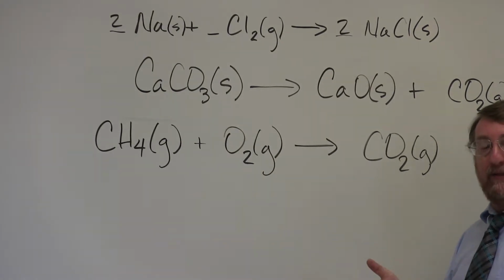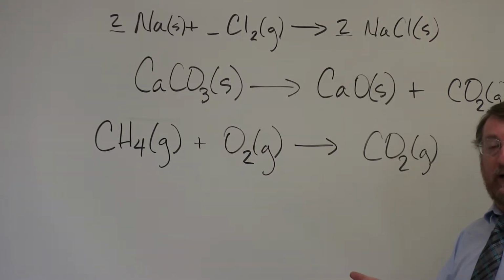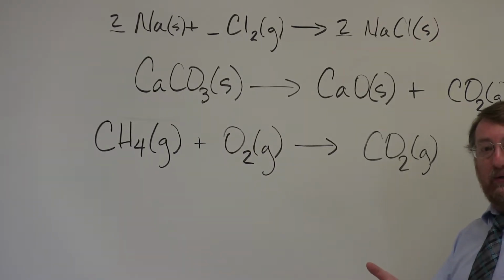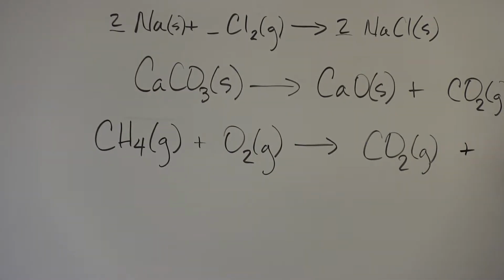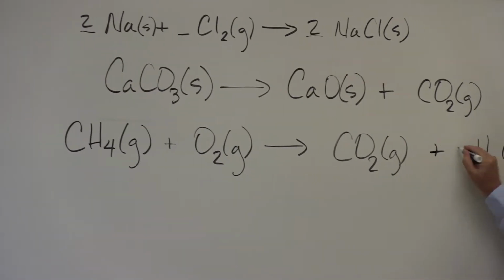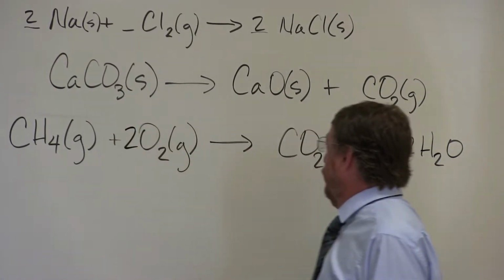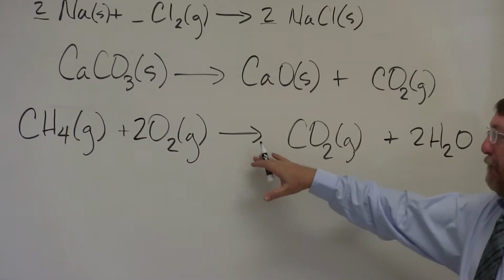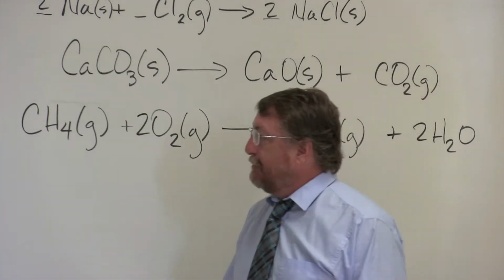Generally, combustion reactions make the oxide of the elements that are involved, whatever oxide that would be. Hydrogen's oxide is water, carbon's oxide is carbon dioxide. All right, obviously, 2, and then we're going to have 2. So that's the combustion of methane because oxygen is in the reactants.